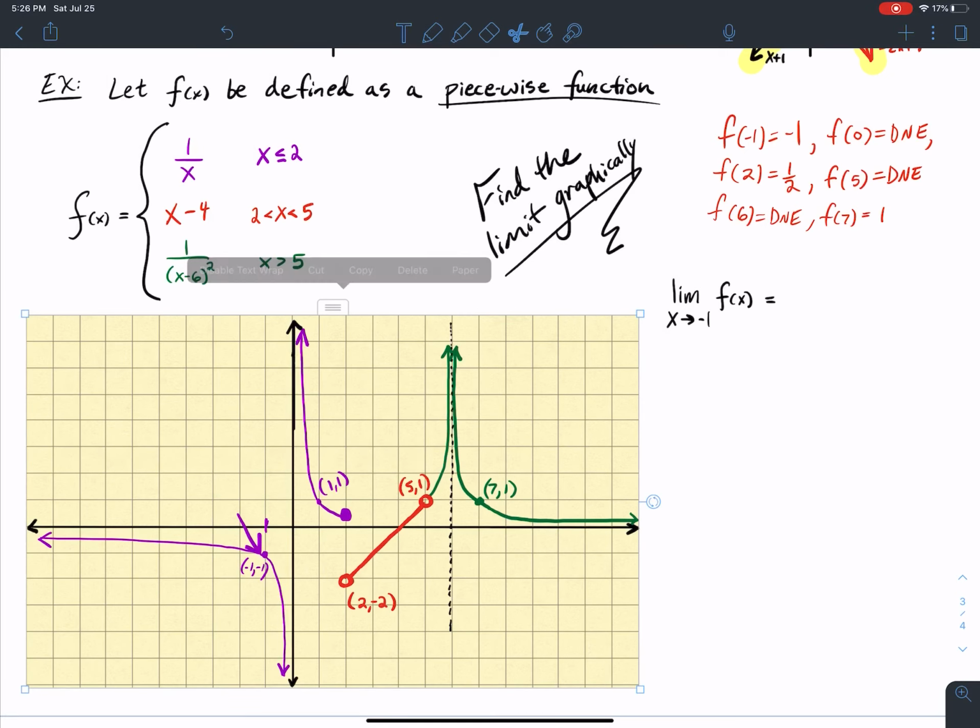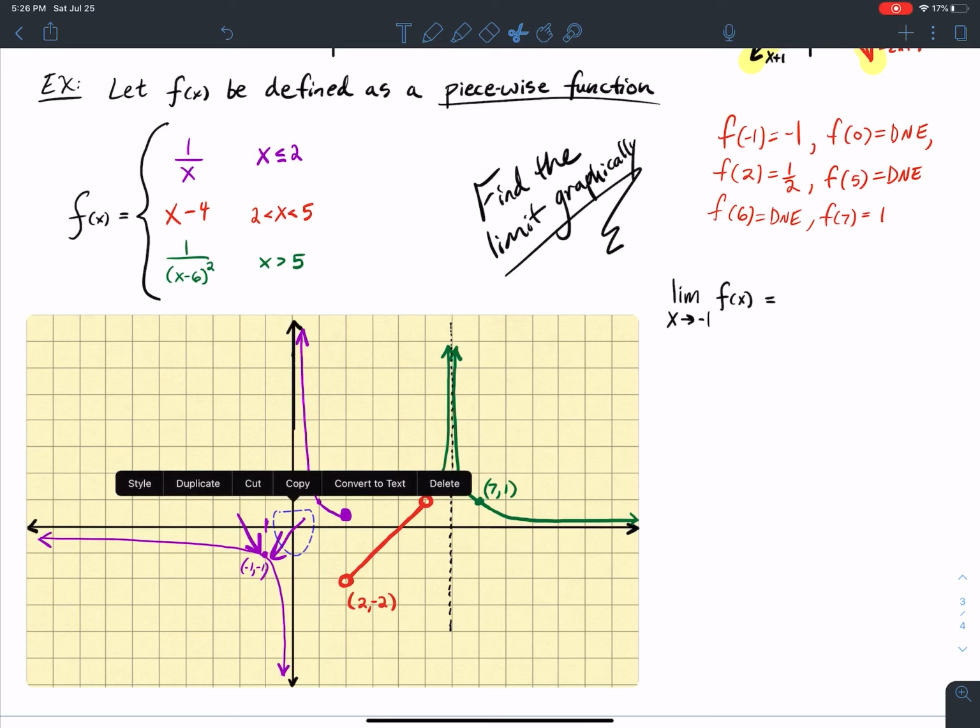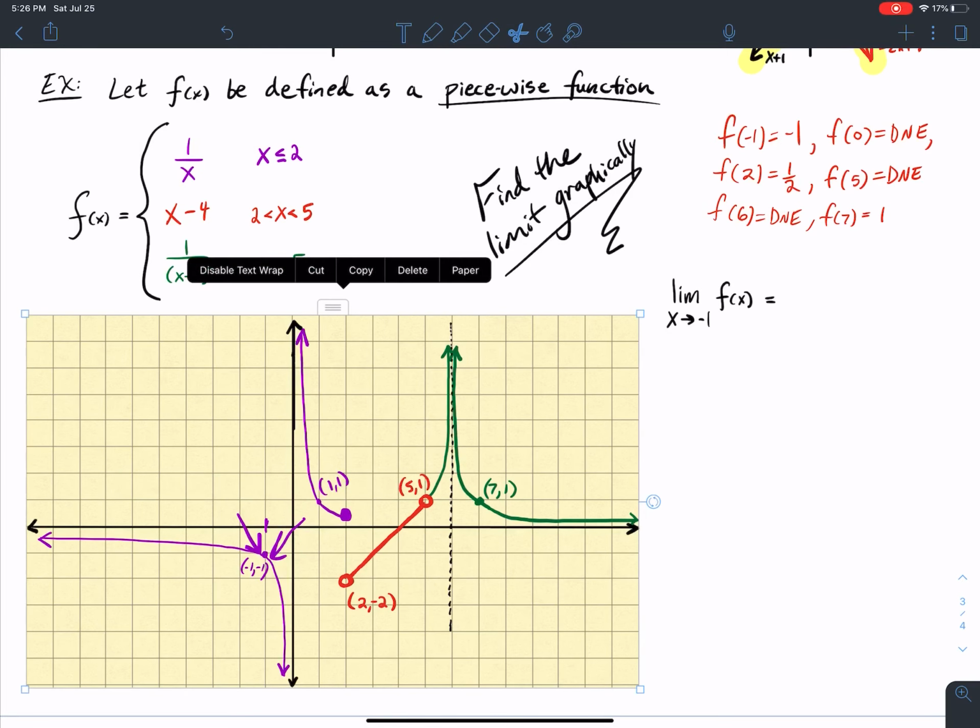I'm going to have another finger over here. And as I'm moving up, my other finger runs into the same spot. So it looks like I'm okay. This limit looks like it's going to be -1.